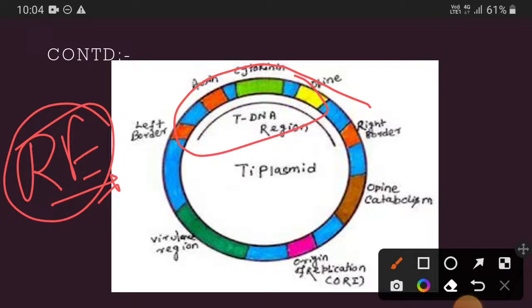Okay, and there are various important portions such as the opine genes that are themselves important for the Ti plasmid. So we cannot completely cut out the T-DNA and insert our gene of interest to facilitate transgenic plant formation. So what can we do then?